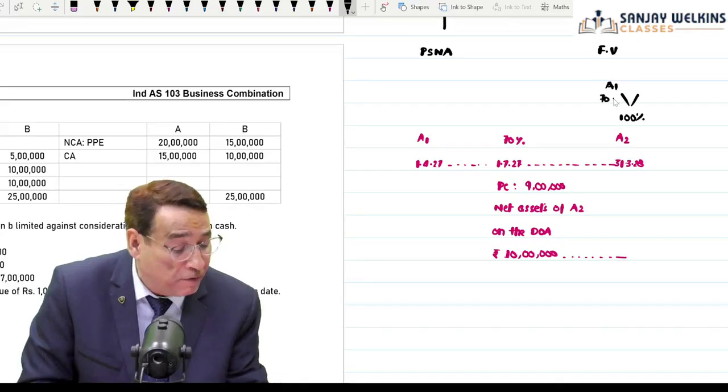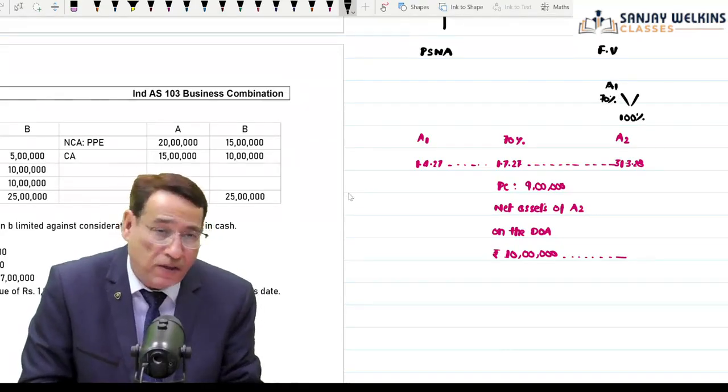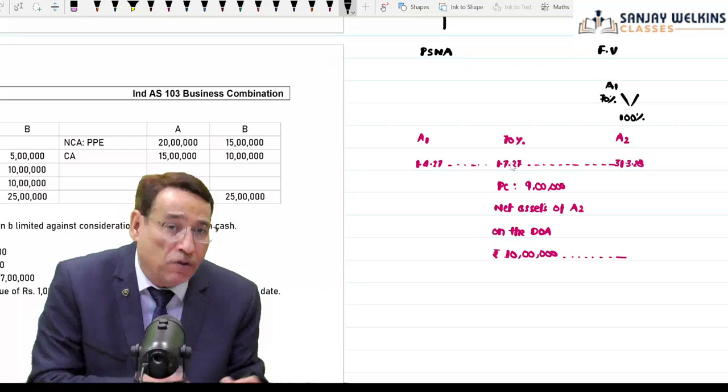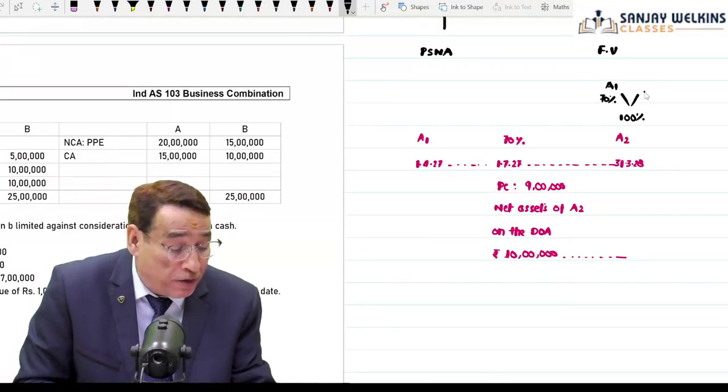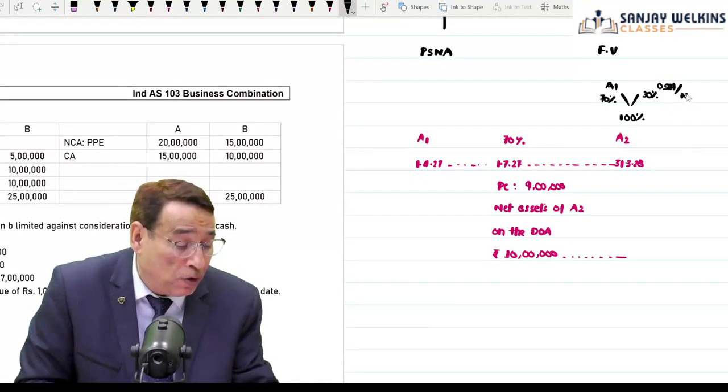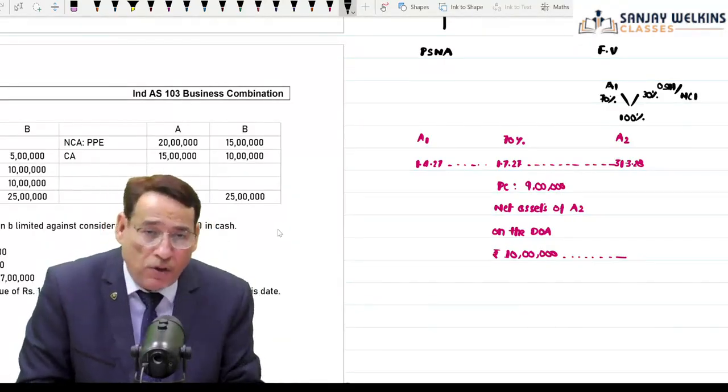You have more than 50% stakes, and that is why you have control over A2 Limited. That means the rest of the 30% shareholders will be considered other shareholders, and technically they are known as non-controlling interest holders.